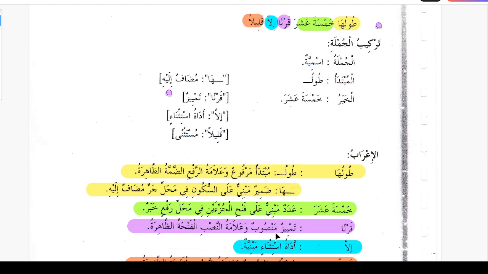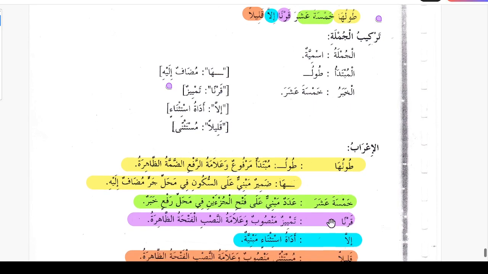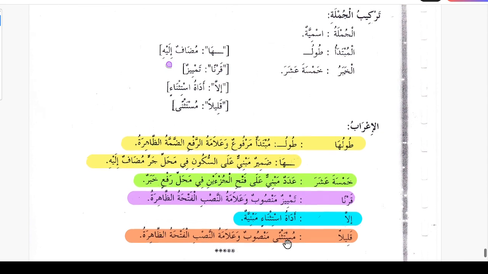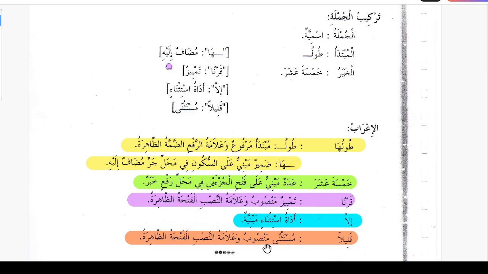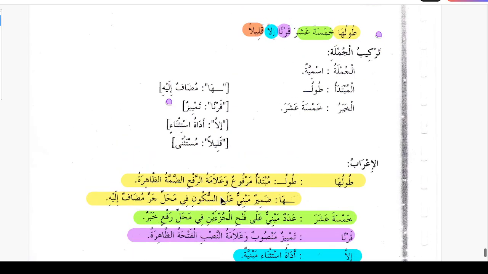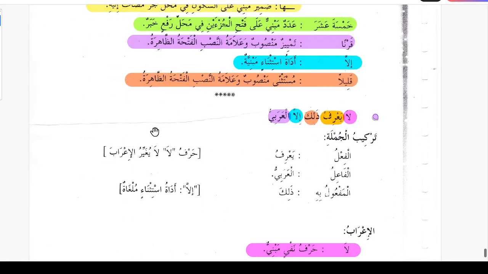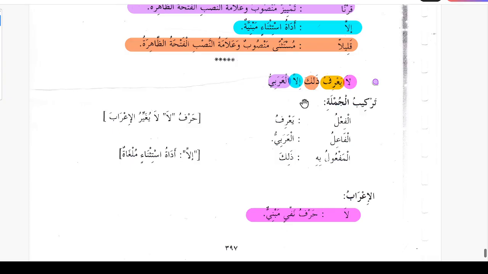And karnan is tamizun mansubun walamatun nasbi al-fatatu zahira, and we studied tamiz that it is mansub. And illa is adatu istisnain mabniyatun, and this is the tool for exception and is mabni. Qalilan is mustasna mansubun walamatun nasbi al-fatatu zahira, and because this is positive and tamun, the mustasna is mansub, with the sign fatatu zahira.